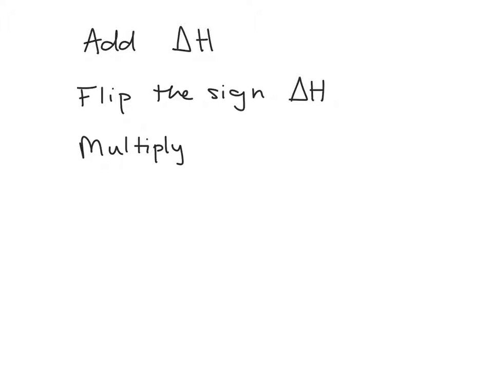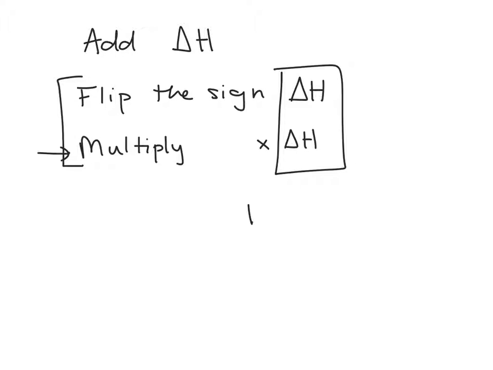Let's say you need to multiply your reaction times 2 to be able to cancel out an unwanted chemical. You would also need to multiply your delta H by that same integer or fraction. Once you finish changing the direction of the equations or the magnitude of those equations, you'll need to add up your delta H's to get to your final answer.